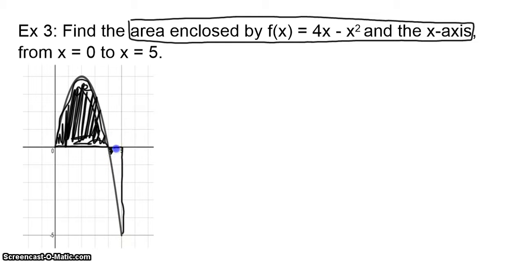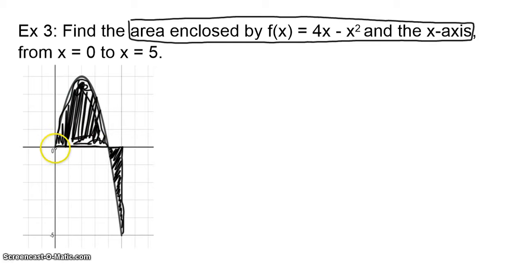Well, if we want to count that negative area, not as a negative number, but as area, as an absolute value, what can we do to that? Okay, now we just can't go from 0 to 5 anymore because that's what we did before. That's the area under. So we've got to break this apart.